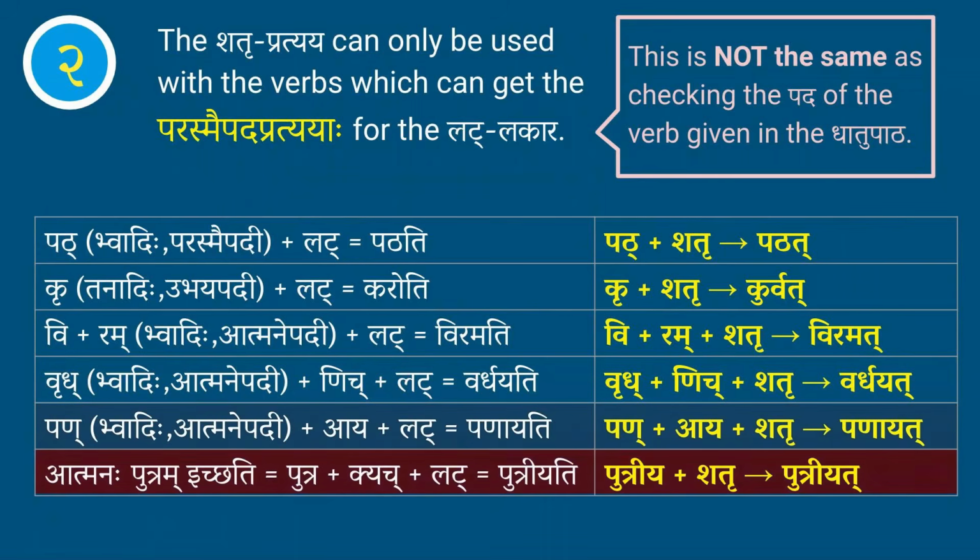Finally, the last example shows that an Atideshika Dhatu called Putriya, which is obtained by adding the Kyach Pratyaya to the word Putra, also gets the Pratyayas of Parasmai Pada and thus the Shatru Pratyaya. In this way, any dhatu that can get the pratyaya of the Parasmai Pada is eligible to get the Shatru Pratyaya.